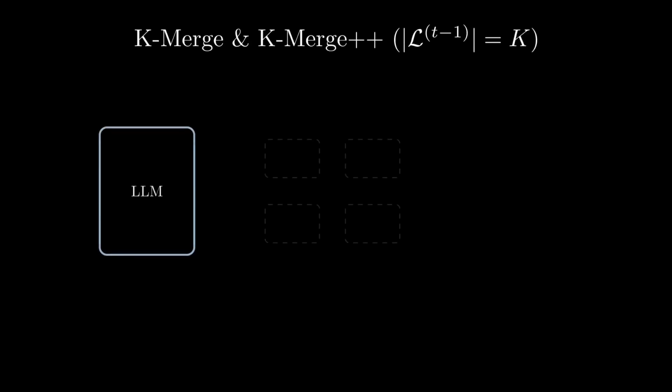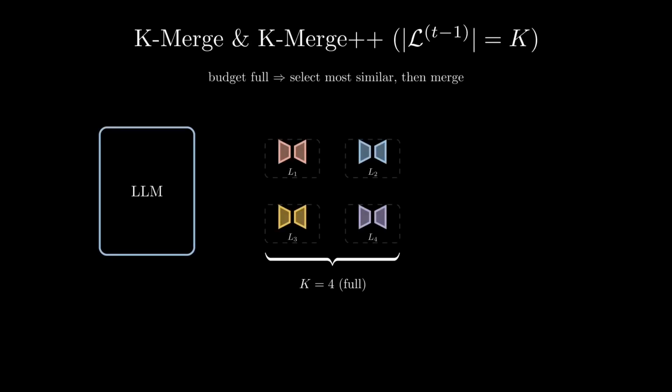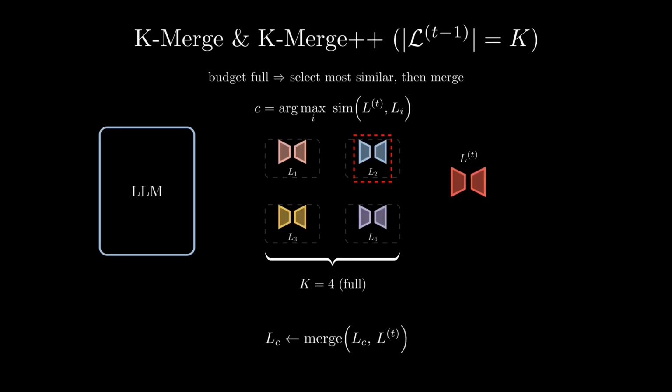Once the storage budget is full, the only remaining option for both the strategies is to select which LoRA to merge. We compute the argmax of the similarity between the incoming LoRA and the existing ones, and merge it with the closest one. Here we show the selection and merging in a cosine similarity space.